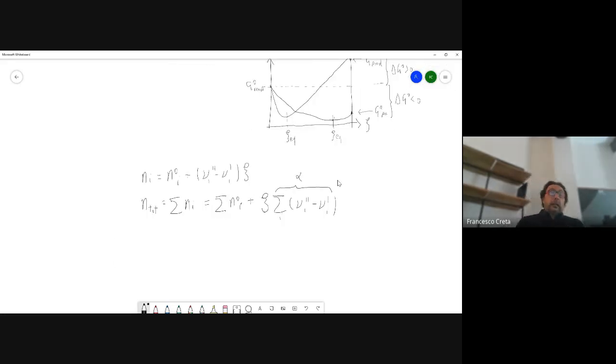Now, if this number alpha is equal to 0, then the total number of moles is simply equal to the sum of the initial number of moles, and so it's constant.